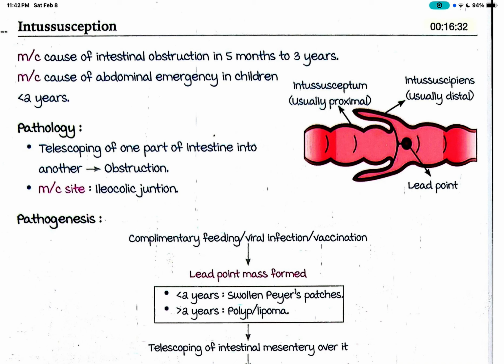Intussusception. Intussusception is the most common cause of intestinal obstruction between 5 months and 3 years.